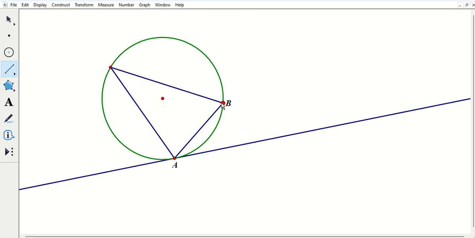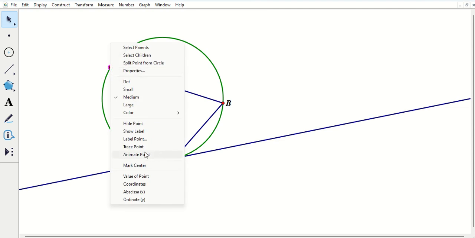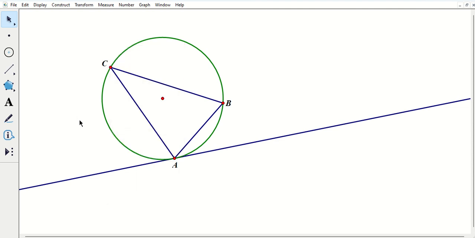So here's chord AB. Let's label this point also. So here's point C. So what I have here is the tangent and two chords. I have the tangent and the chord AB. I have the tangent and the chord AC.